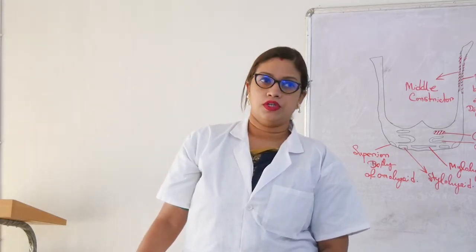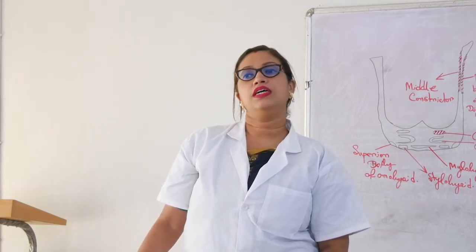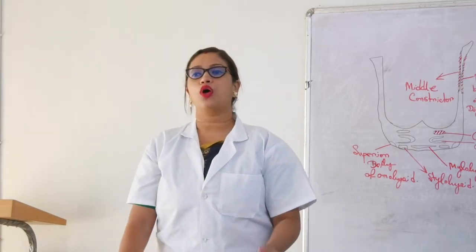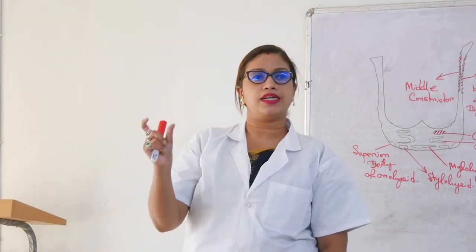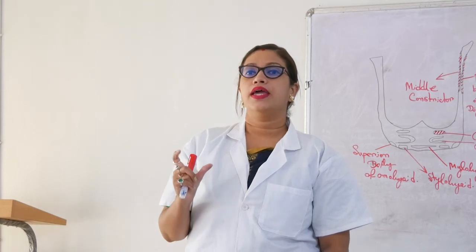Just the reverse: it prevents air from entering. This is the main difference between the soft palate and the epiglottis. So from anterior to posterior: bursa, hyoid membrane, then the epiglottis.